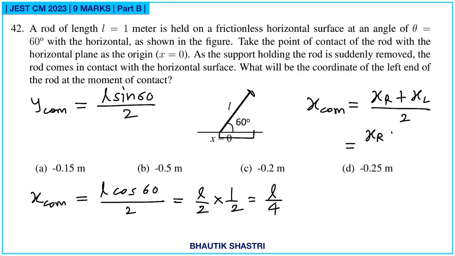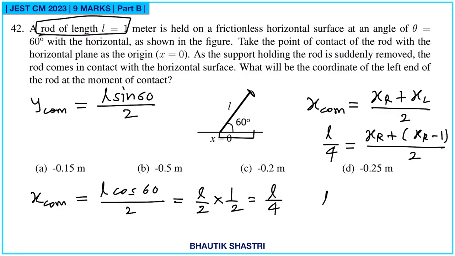So this will be XR plus XR minus 1 by 2. Minus 1 because length of the rod is 1 meter. That's why minus 1. And this is equal to L by 4. So 2L by 4 is equal to 2XR minus 1.